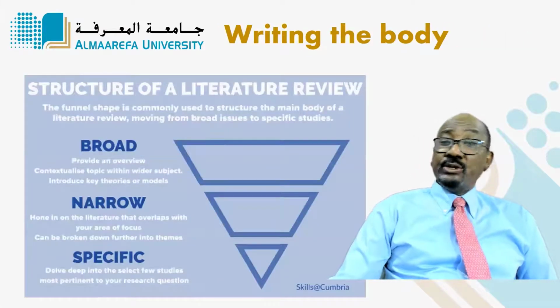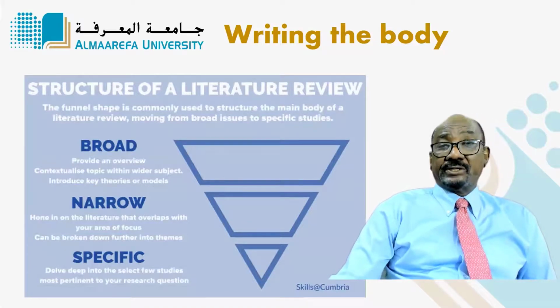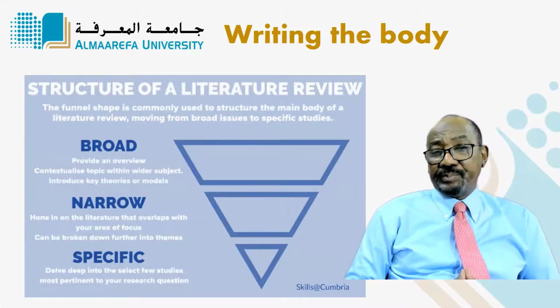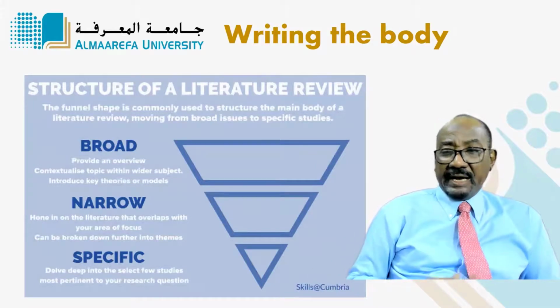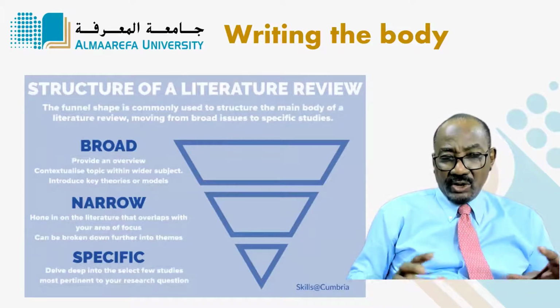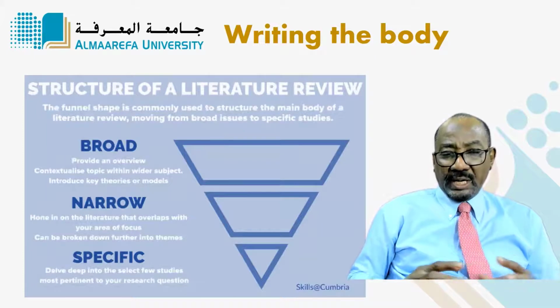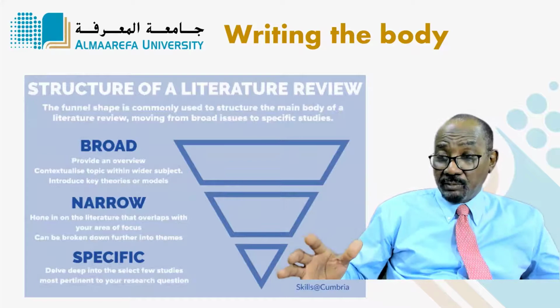Now, when you write the body of the review, the structure is the inverted pyramid, or the inverted cone, or inverted funnel. So you start with broad, you provide an overview, you contextualize the topic within the wider subject and introduce key theories and models.